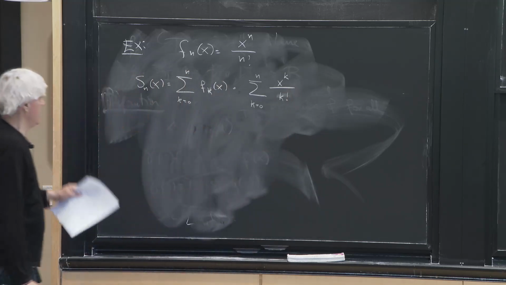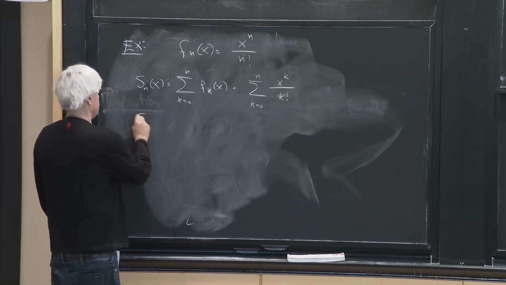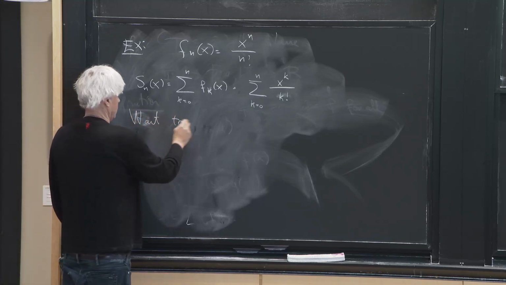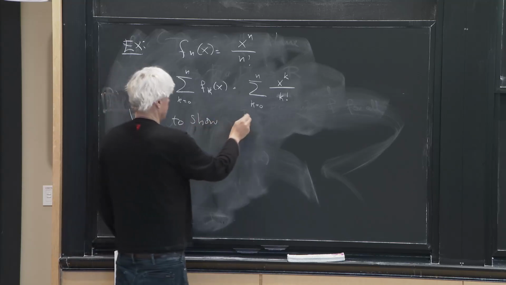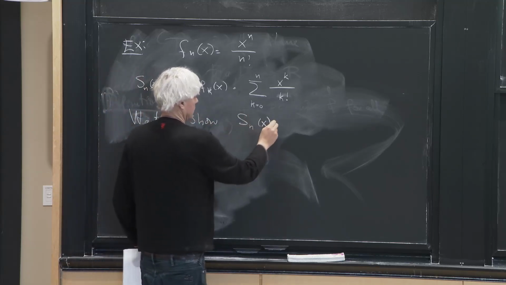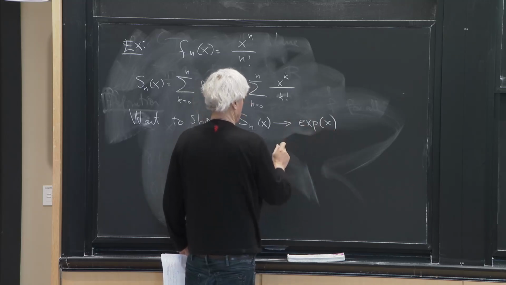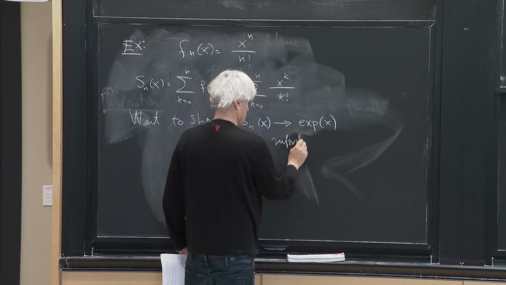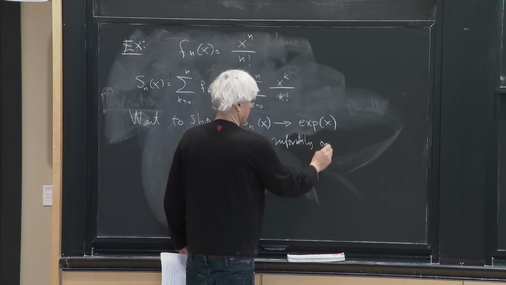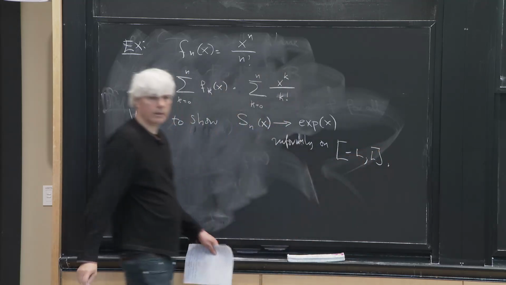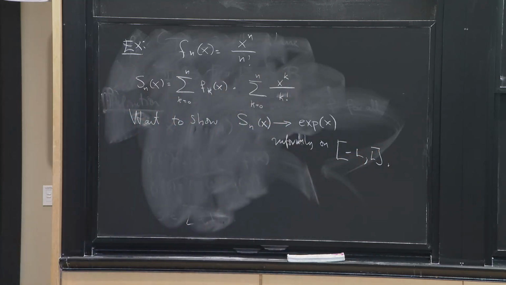And I want to show that these Sn of x converge to the exponential function uniformly on an interval of this form, where L is some fixed number and I'm looking between minus L and L.